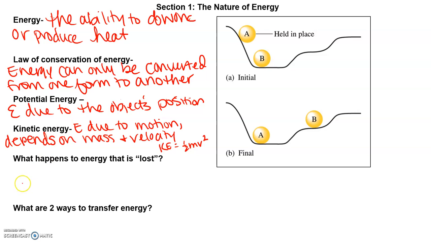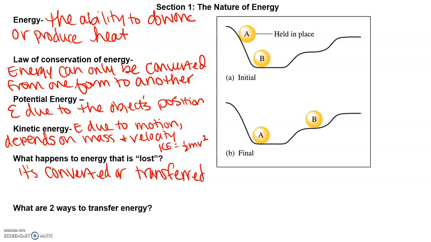And so whenever we say that energy is lost, a lot of times it's a misleading phrase, because up here we just said that energy can't be lost or created, it can only be converted. And so whenever something says that energy is lost, in quotes, it's not really lost, it's just converted or transferred. And so it can be converted to another form of energy.